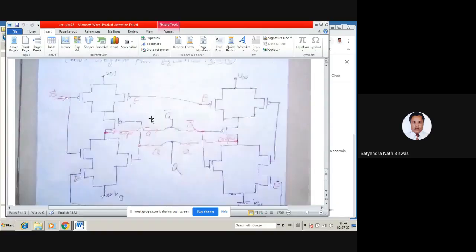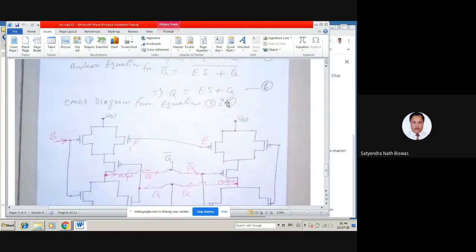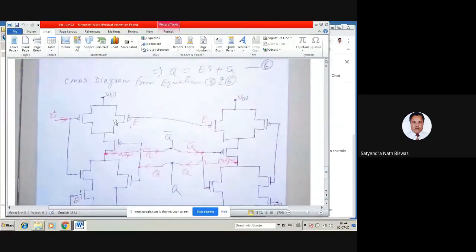This is ES plus Q, so that means it is an ES AND gate and a plus OR gate with a Q, so E and S will be two PMOSes in parallel, and then another PMOS will be in series.